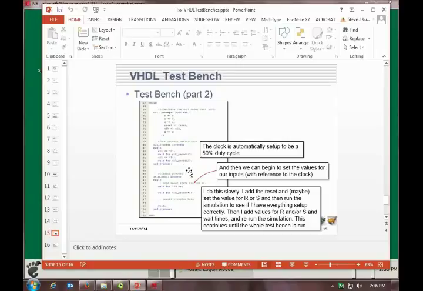As long as that adds up to whatever our clock period is, we can do that. The advantage to this is we're saying I'm going to keep it a 50% duty cycle. So it doesn't matter, you could say 5 nanoseconds and 5 nanoseconds.